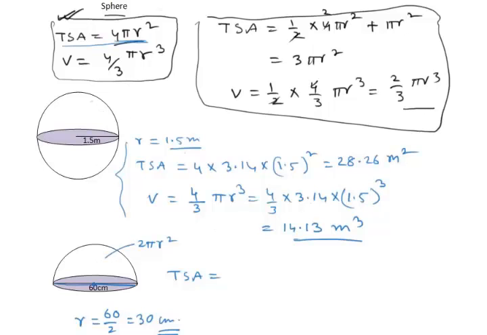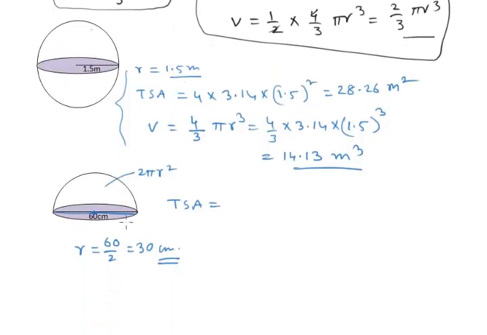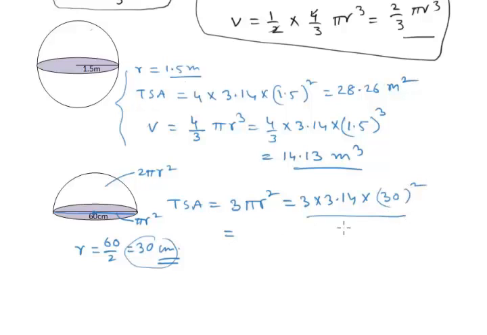So this part will give us half of it, that is 2 pi r square, and this circular face will give us pi r square. So in total the total surface area is 3 pi r square. So if we put this value, 3 times pi is 3.14 times r square. R is here 30 centimeter. So it will be 30 square. So if we calculate this value, we will get 8478. Unit is in centimeter, so the area will be in centimeter square.